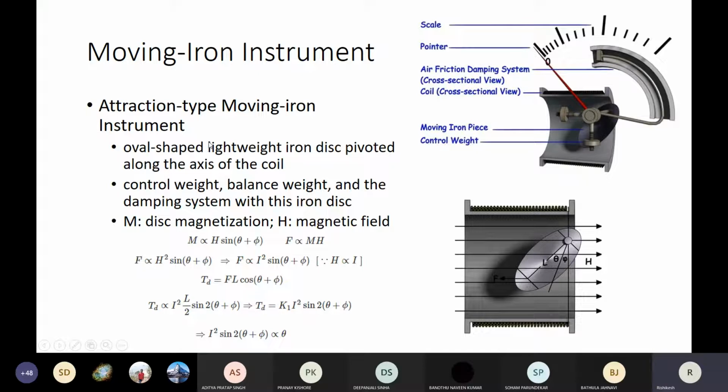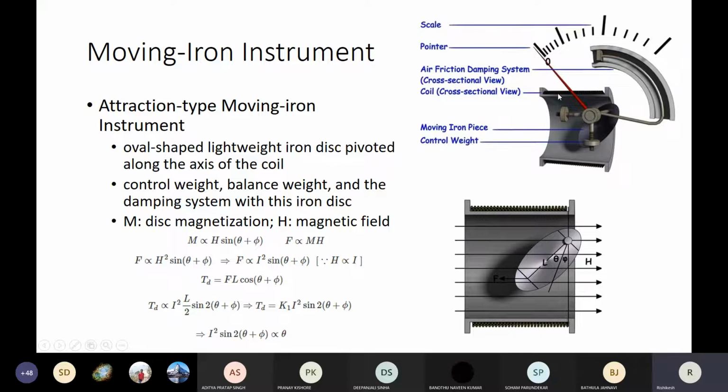So in the case of the attraction type, you can see an oval shaped lightweight iron disc, a moving iron piece which is shown here, and it is pivoted along the axis of the coil. As you can see, this is the coil, the coil cross sectional view shown here.